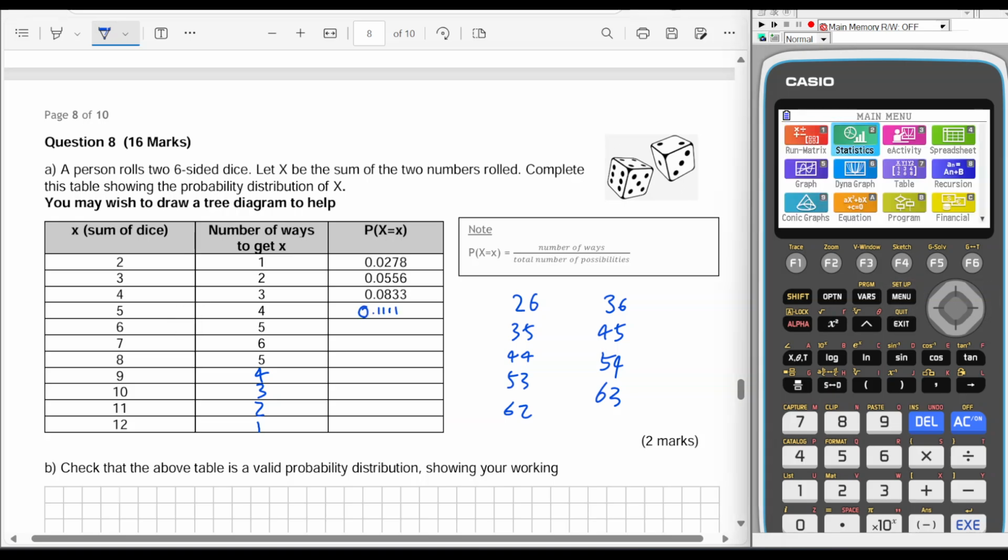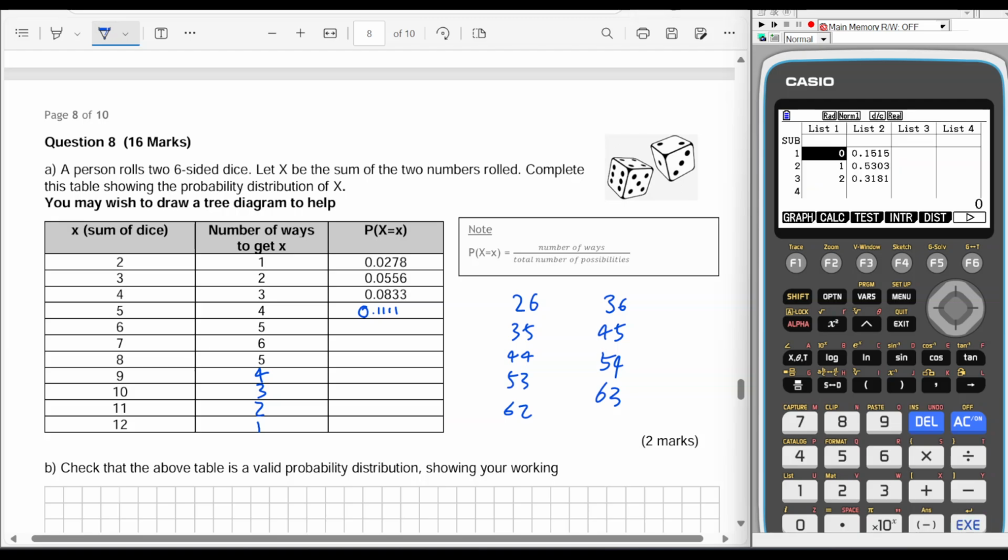Now I'm going to be extra cheeky and actually save myself a whole bunch of time. Don't want emojis on my calculator, calm down. All right, and then we're just going to delete out these probabilities. So I'm actually going to enter 1 out of 36 in that column.